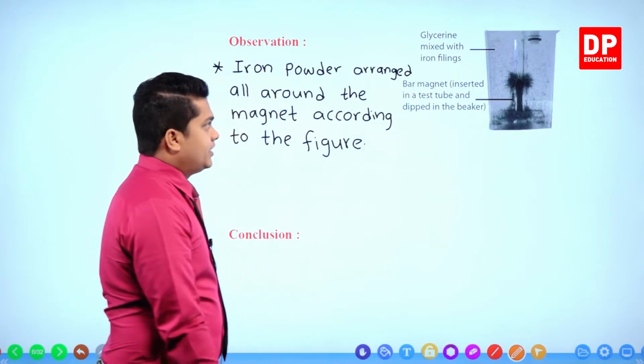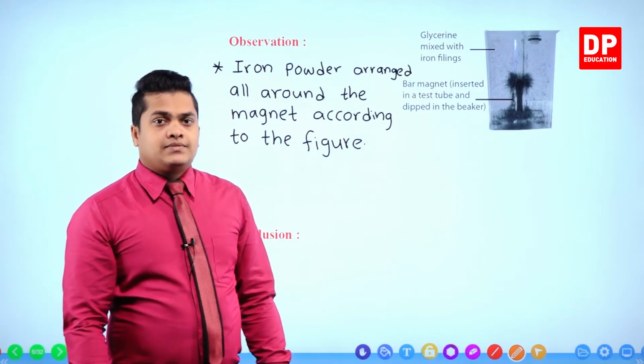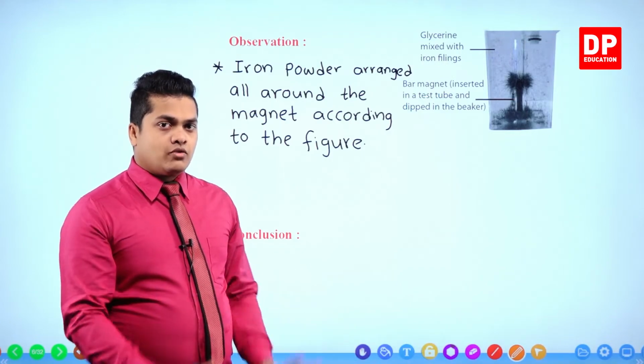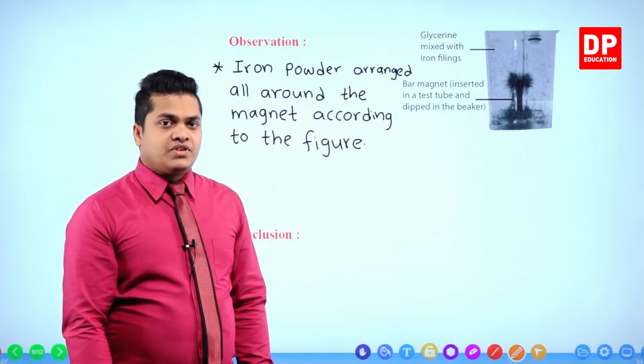So according to the figure, iron powder has been arranged all around the magnet. That was our final observation.